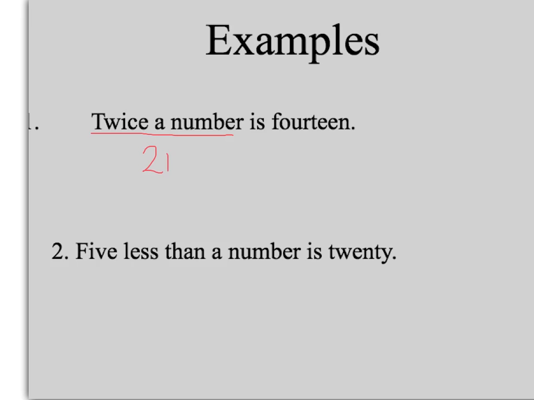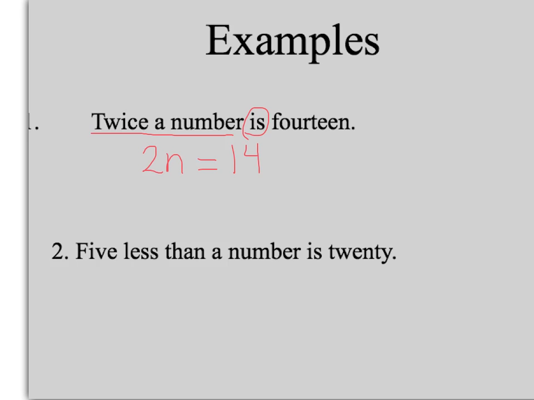I'm just going to use n to represent number. It says twice a number, so that means 2 times a number. Is. Anytime you see is, that means equals. And then we have 14. So therefore the equation for this is 2n equals 14.